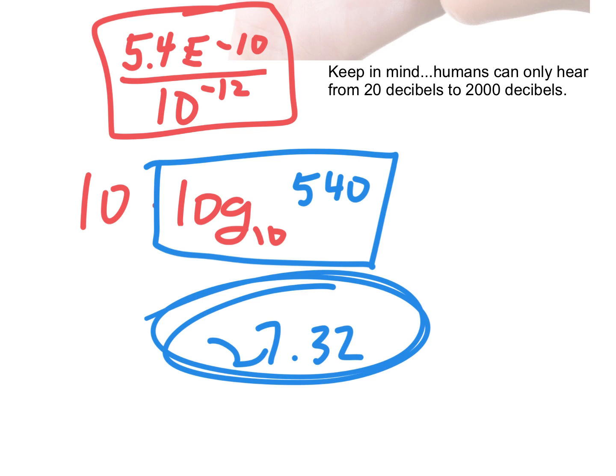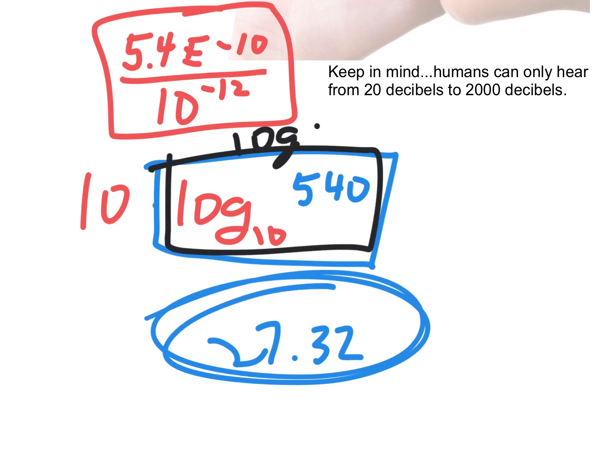Anybody else get 27.32? I did log 540. This is just log 540 because, you know, that means base 10. And then you times it by 10. Don't forget the times by 10 in front. So it's 27 decibels.